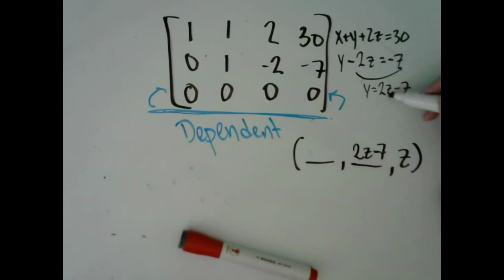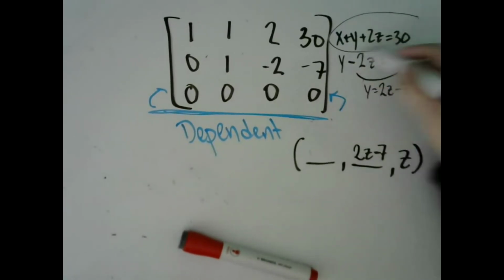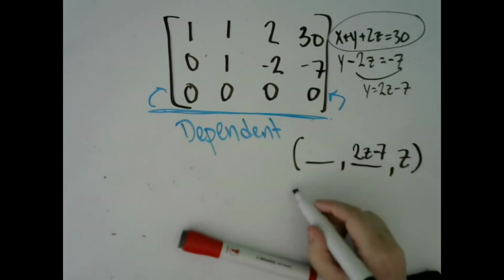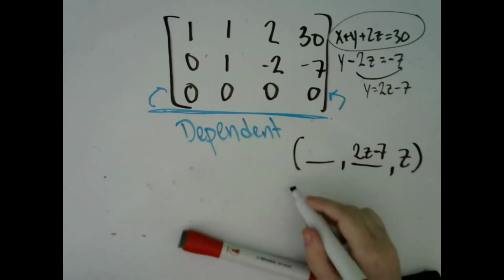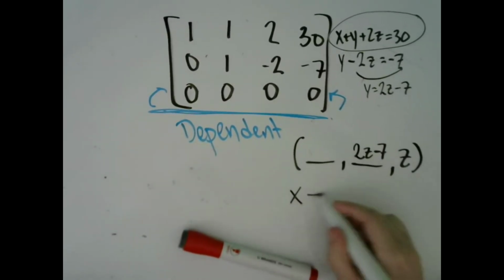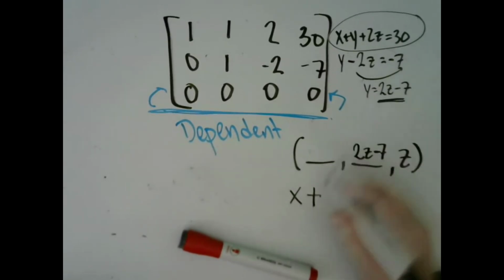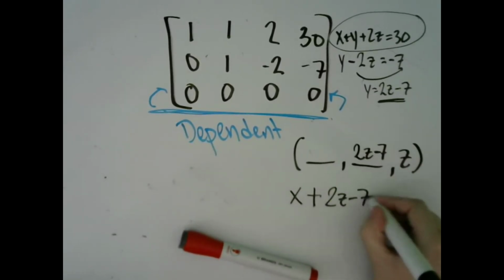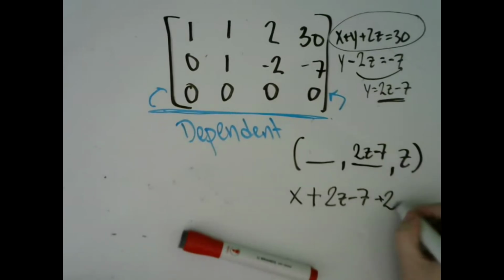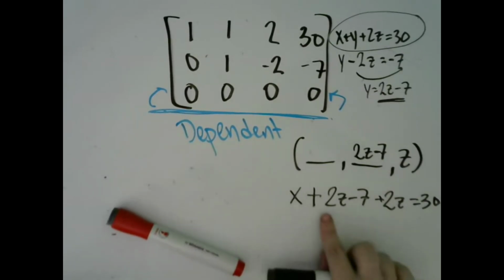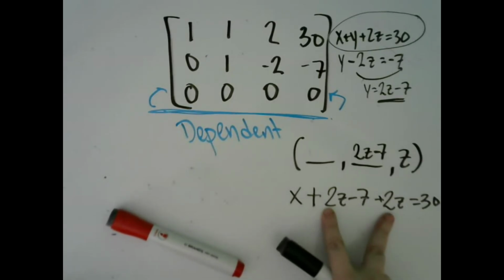These equations must be in terms of z. So when I go to solve this first equation, it can't say x and y. I'm going to have to use substitution. x plus 2z minus 7 plus 2z equals 30. And I'm going to solve this for x. Combine like terms, we get 4z.